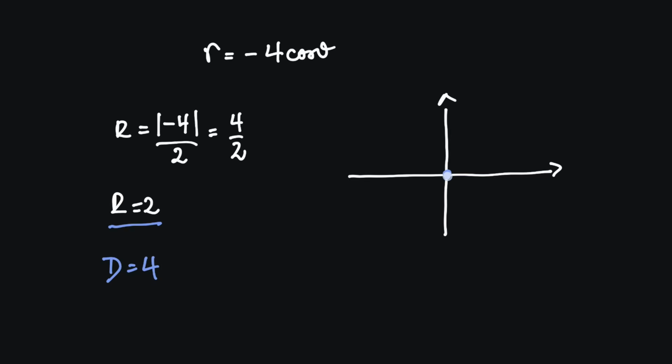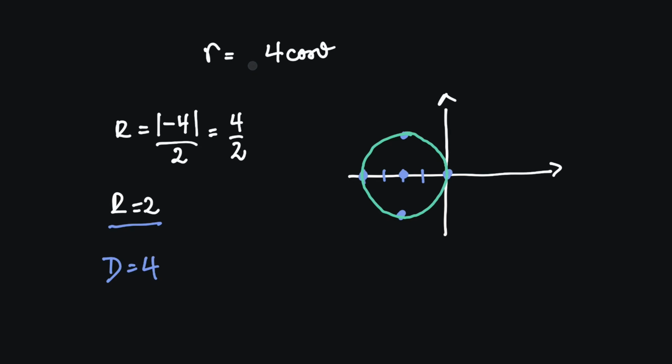I know that it's going to pass here, and I need to go left 1, 2, 3, and 4 units. This is my diameter, so this will be my center. So the circle should be something like this. That is the graph for negative 4 cosine of theta.